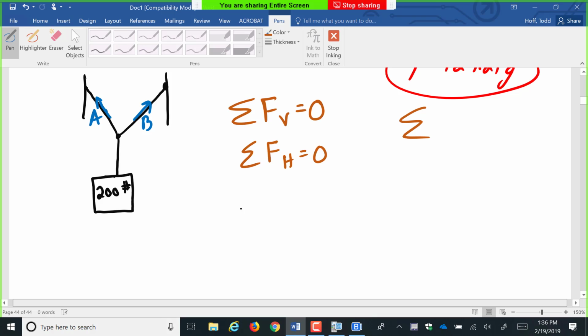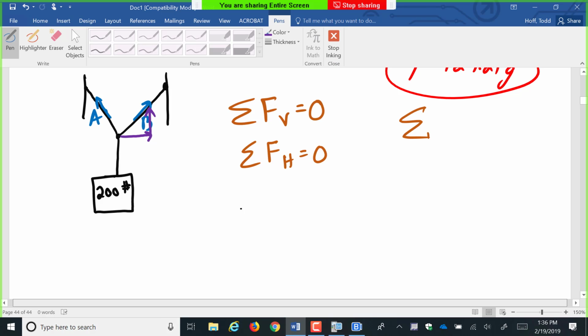That symbol, which looks like a funny E, technically I should probably have little teeth on the end of it. That is the summation symbol, the capital sigma. So what does this mean? It means I have to break down each of those forces into horizontal and vertical components, so I need to know angles.